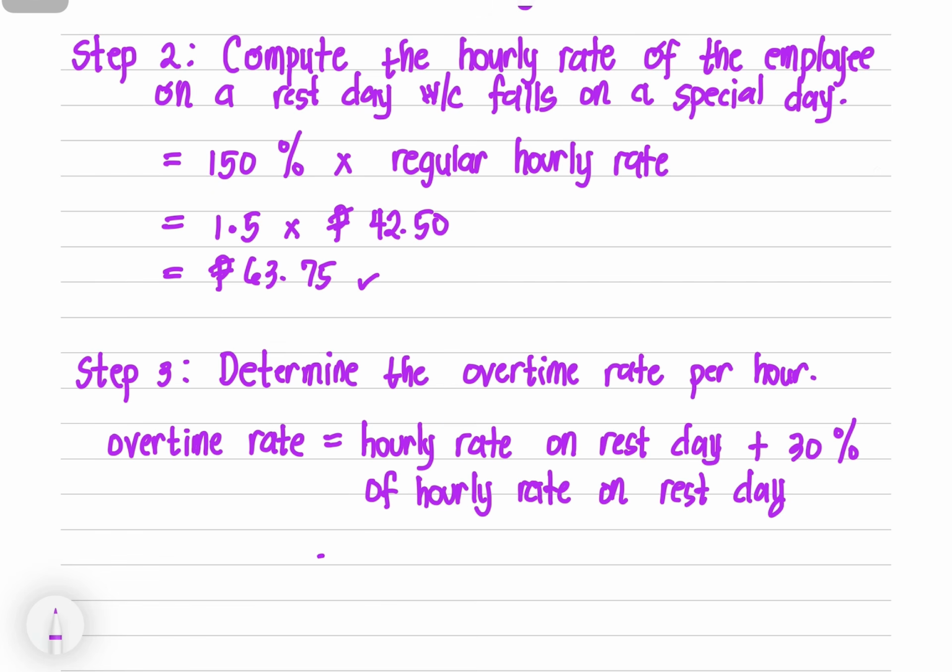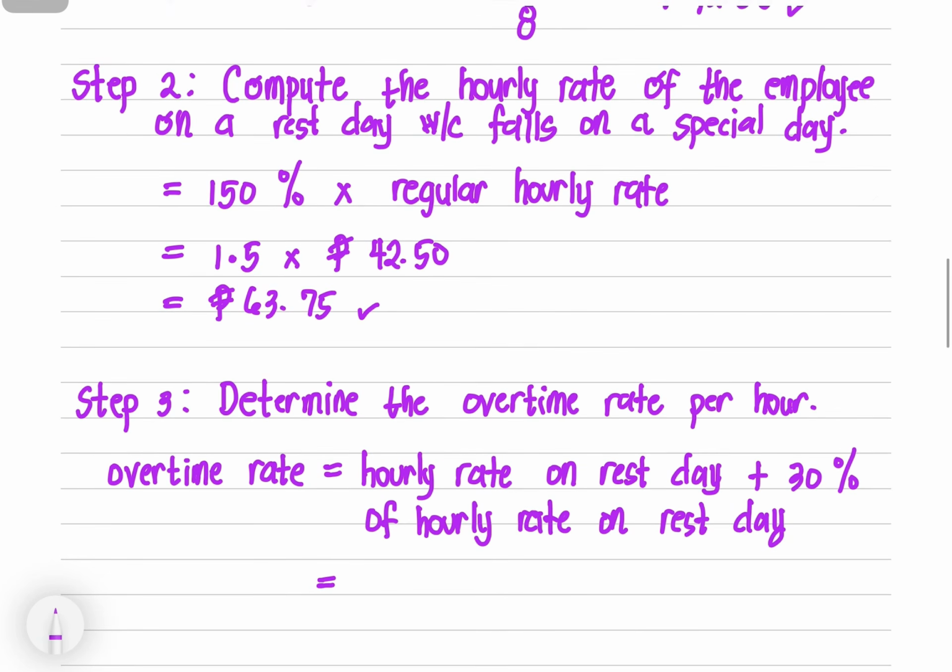So, by substitution, we come up with yung hourly rate natin on a rest day. So, dito tayo mag-focus sa ating step number 2. Okay, 150% times regular hourly rate. So, that is equal to 63.75. 63.75, right?